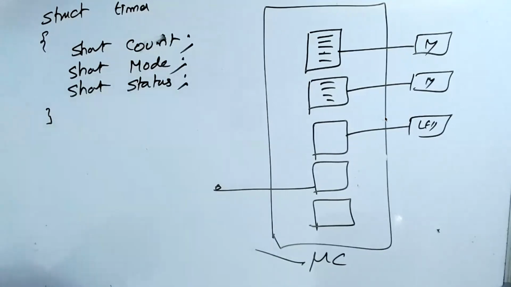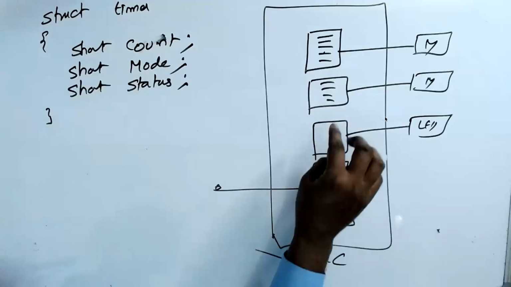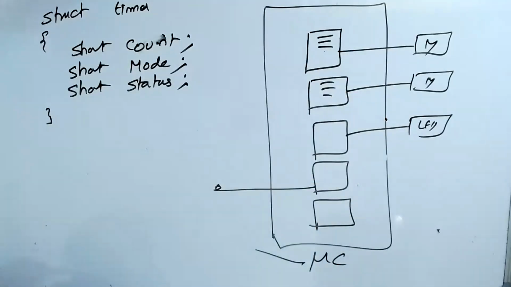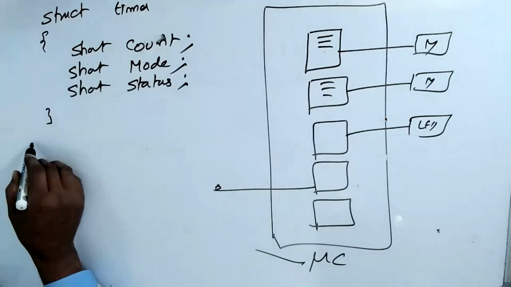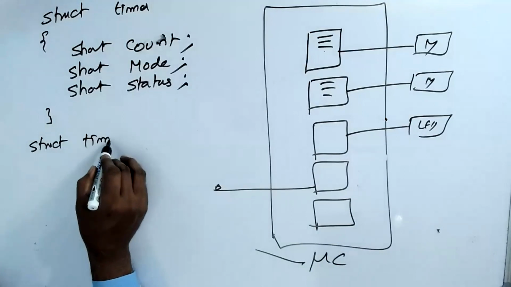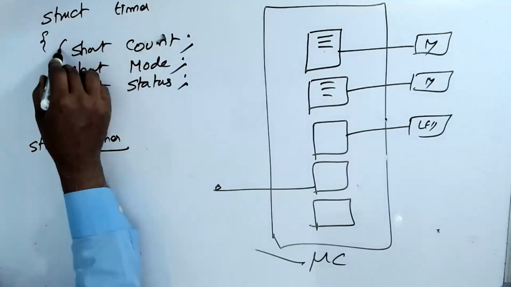Assuming all of them have these 3 registers. The trick here, very important, is how we are using this. I define here struct timer, and these are the values.